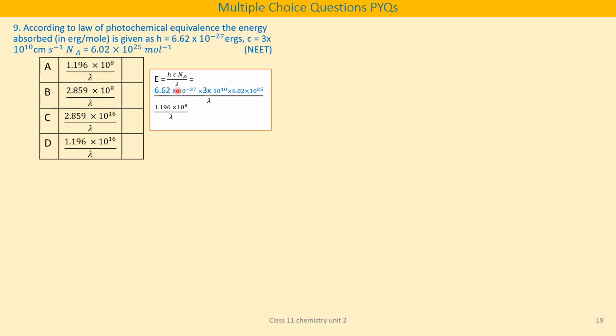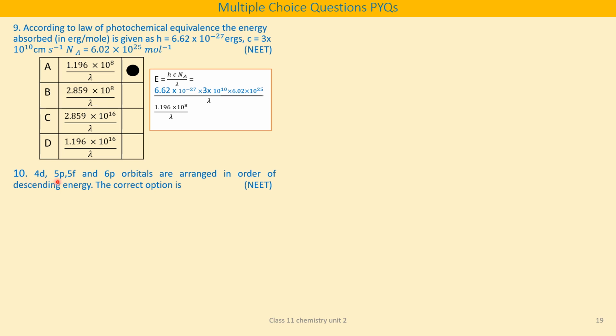Lambda is not given, so retain lambda as it is, and E is given by hcNa. All the three values are given. Substitute and calculate and mark the correct answer as 1.196 into 10 to the power of 8 divided by lambda. So option A is the correct answer.